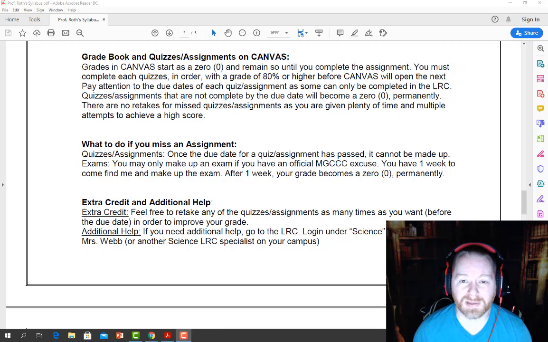If you're just bombing the exams, that's a different story. There's probably something else going on there that we need to sit down and talk about. But no, I don't really give extra credit assignments to bring your average up. It's just not how the gradebook's set up. It's not generally a good idea, given that you can take everything multiple times.